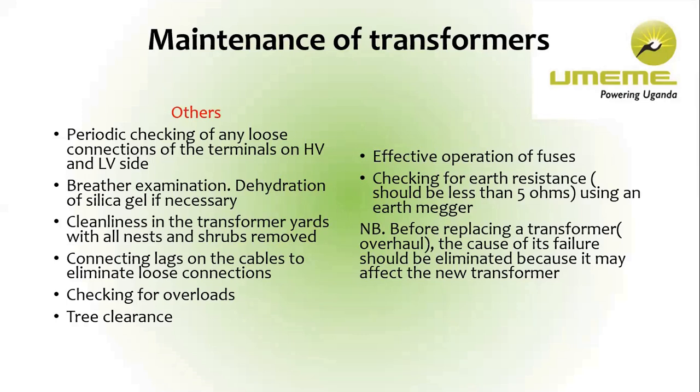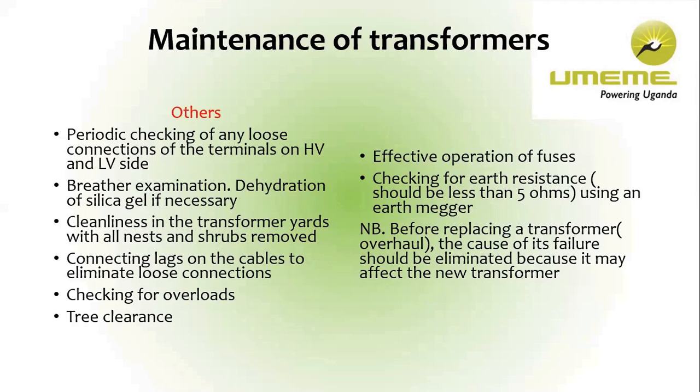During breather examination, we check for any loose connections on the connections of the terminals on HV and LV. Any loose connection can act as a source of corona discharge, like I told you before. So what do you do?